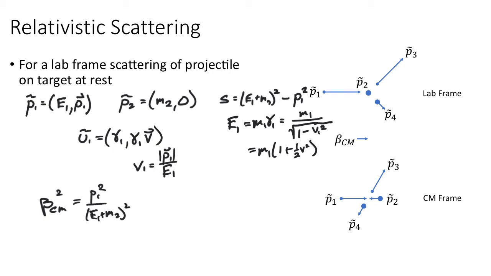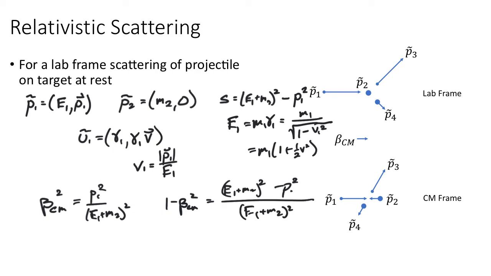And I'm going to then further calculate what's 1 minus beta CM squared. And to do that, I'm just going to interpret 1 as the numerator and denominator there. So that's 1. And so I'm going to have E1 plus M2 squared minus P1 squared over E1 plus M2 squared.